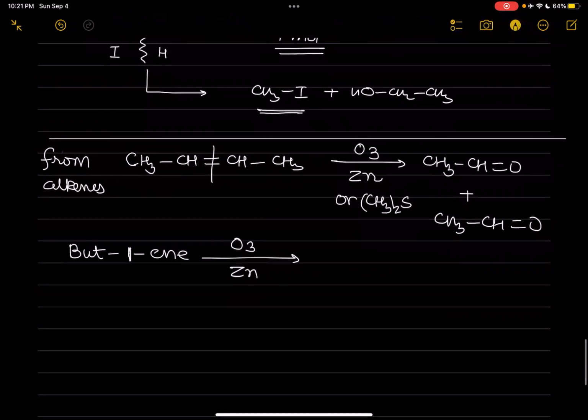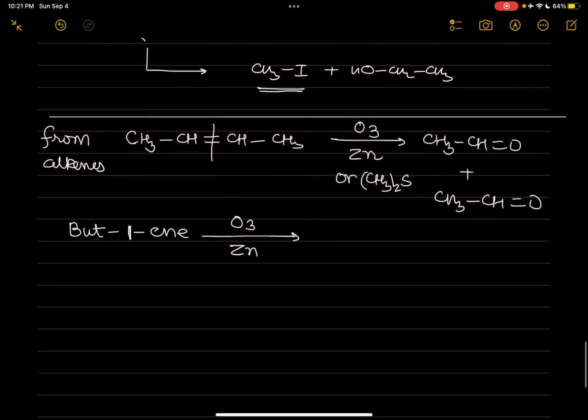Aldehyde chapter, very simple. So ozonolysis, you know now. Butene, what are you going to get? Butene is what?